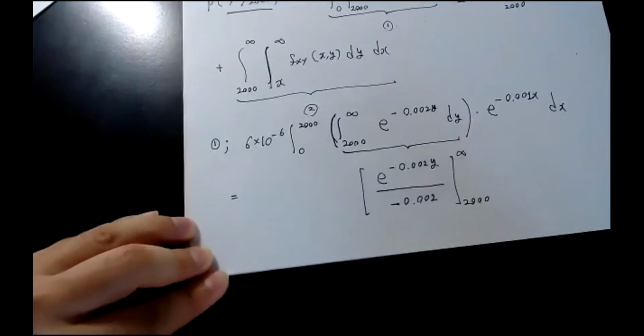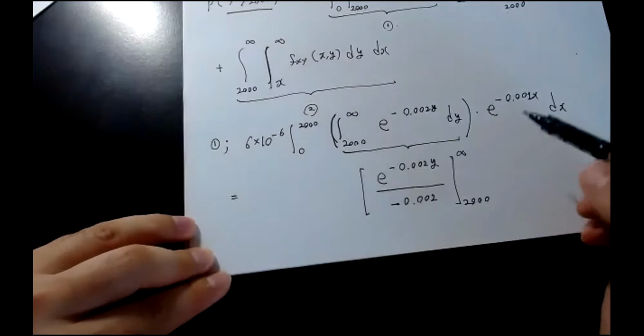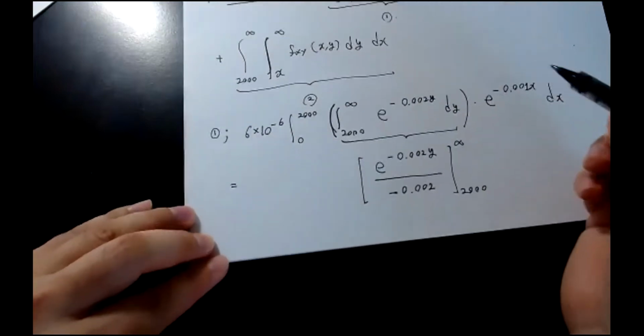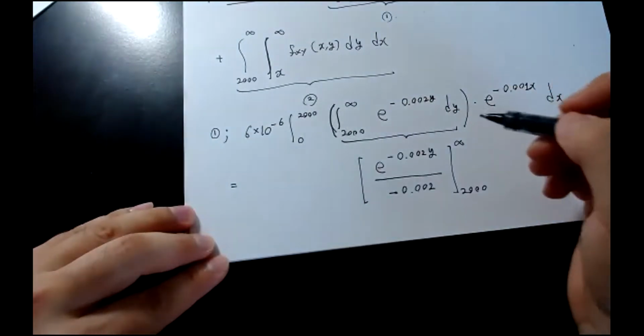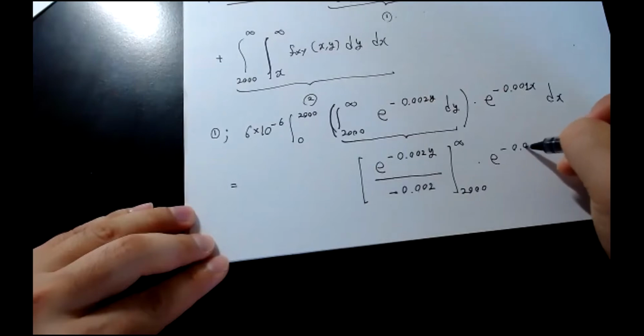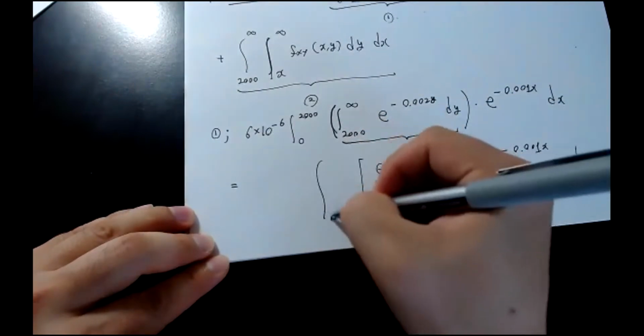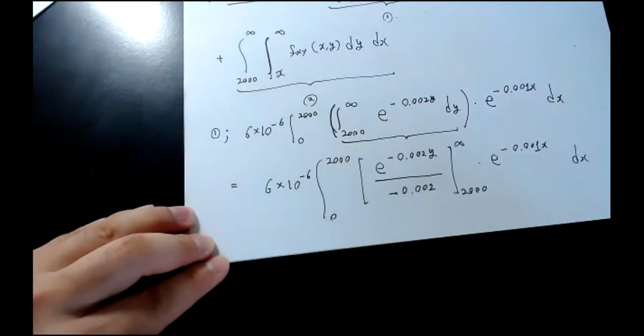This is a short expression of the solution of the improper integral. So this is equal to 1 times e to the minus 0.001x dx, and here is the integral from 0 to 2000, and then 6 times 10 to the negative 6.